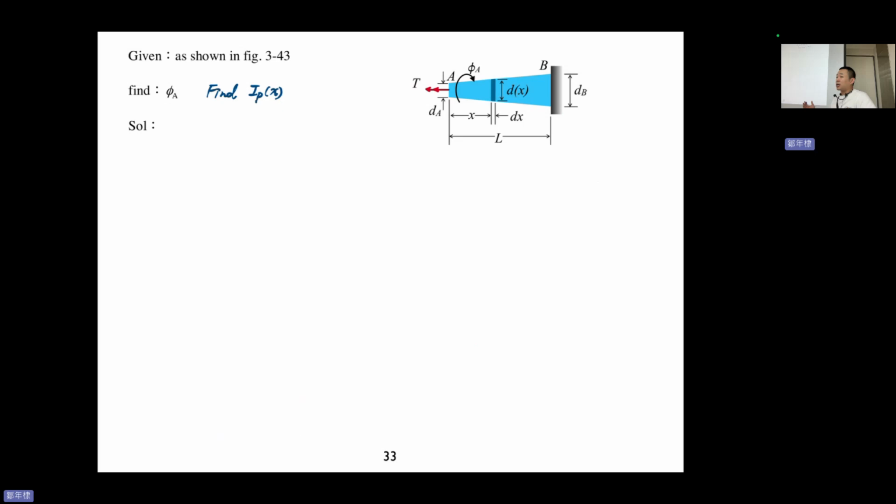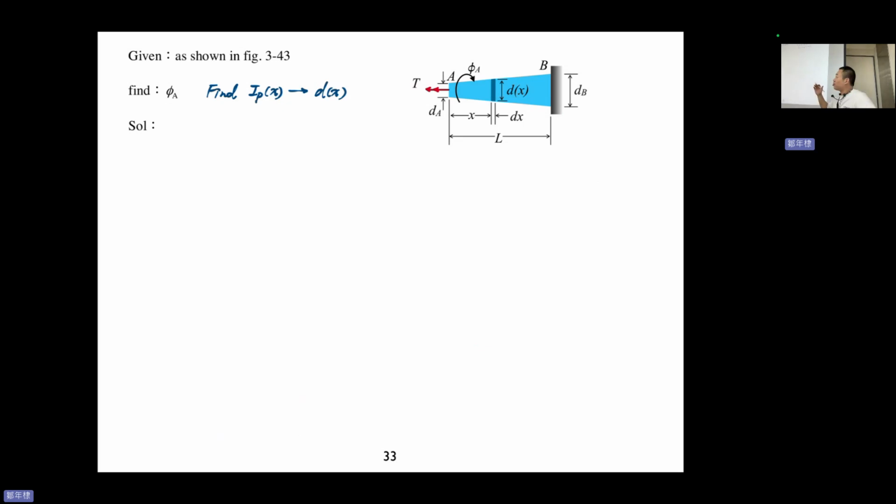So what is IPX? We need to find the diameter as a function of x, because IP, you know, is pi d to the power 4 divided by 32, right?